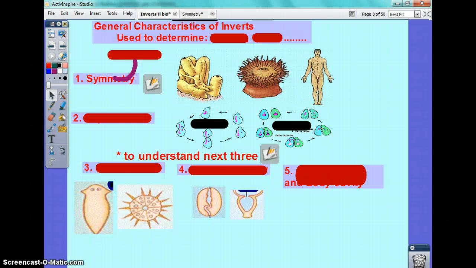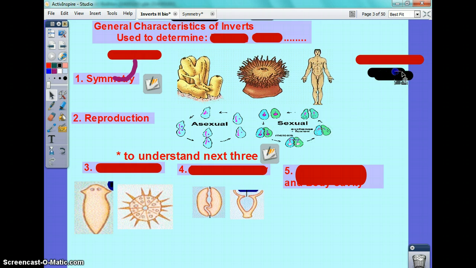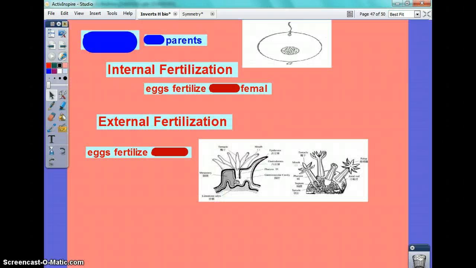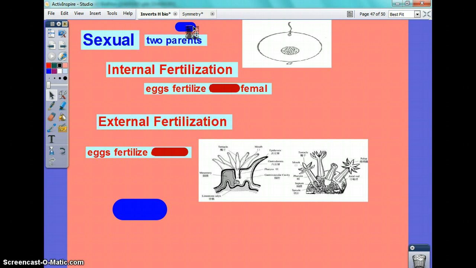Next thing we look at is reproduction. We know there's 2 main types, which are what? Asexual and sexual. We're going to learn a little bit more details about reproduction. We'll do sexual first. 2 parents. Now, there could be sexual reproduction internally and sexual reproduction externally.